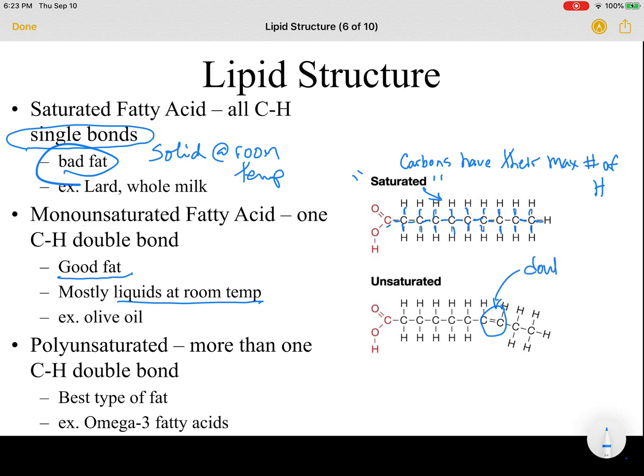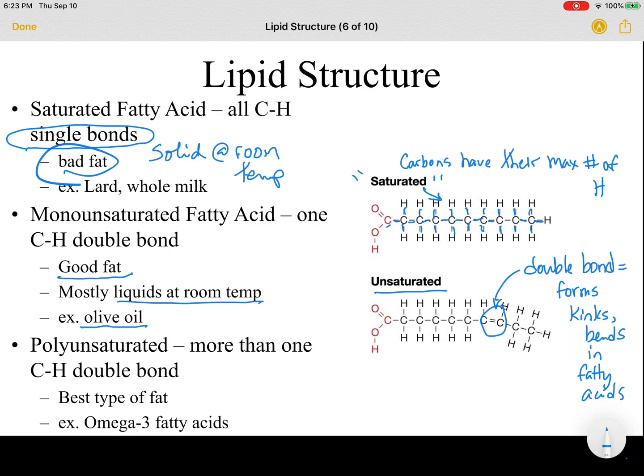Well, notice if there's a double bond, it's going to automatically make it unsaturated, but this forms the kinks or bends in these fatty acid chains. Okay. All right.